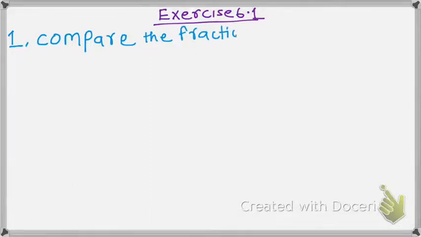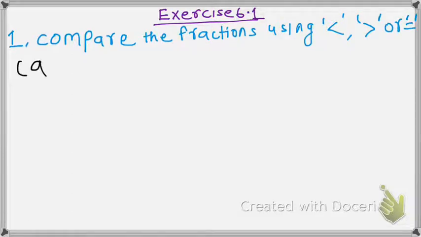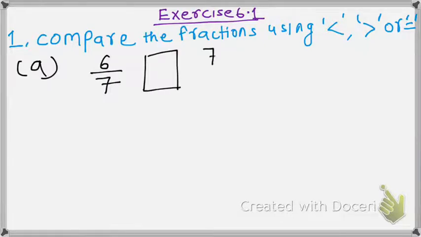We have to compare the fractions using the sign less than, greater than, or equal to. So first question is 6 upon 7 and 7 upon 21.